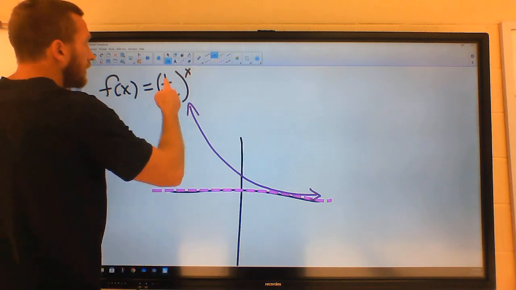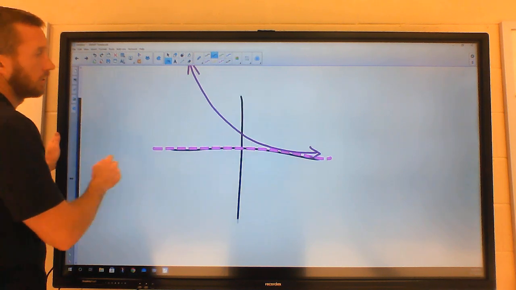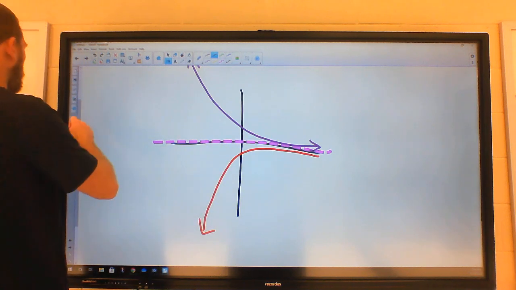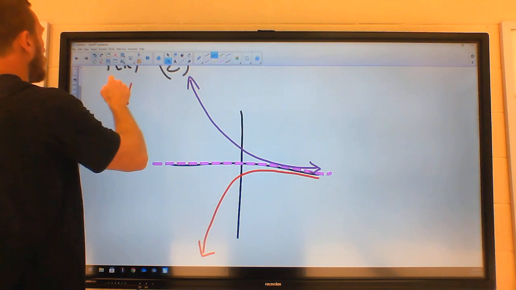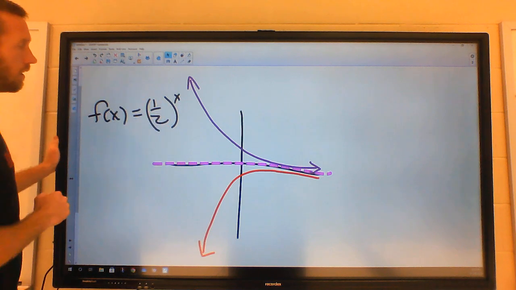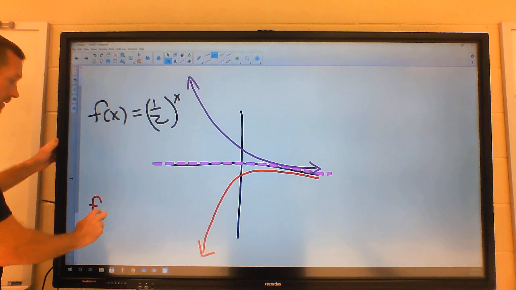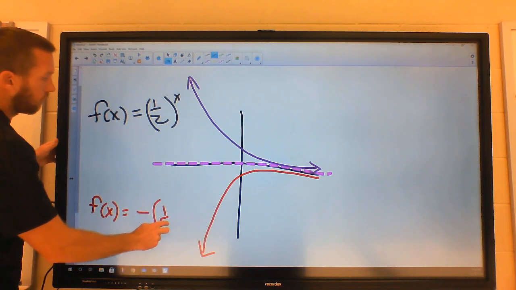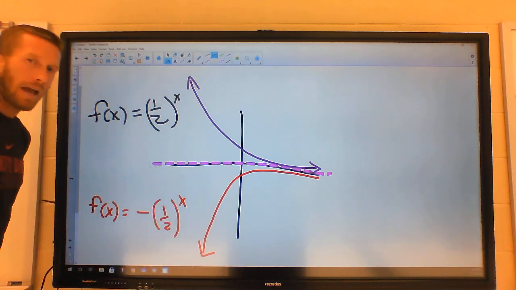What it's saying is it flips it over this asymptote, such that it's a perfect mirror. So if this top scenario is 1/2 to the x, this bottom scenario is the negative of 1/2 to the x, where every idea has been flipped below the asymptote.